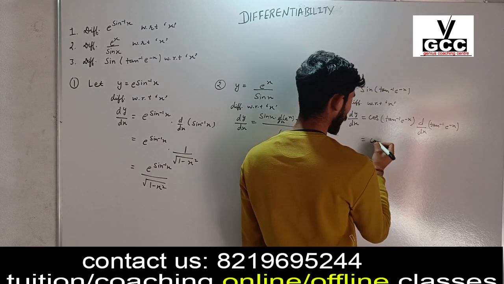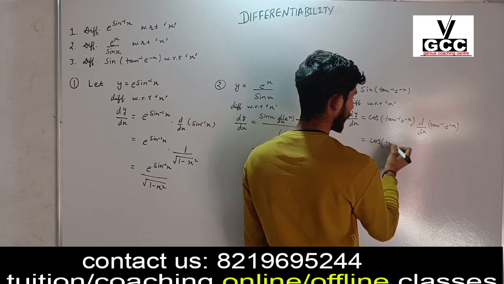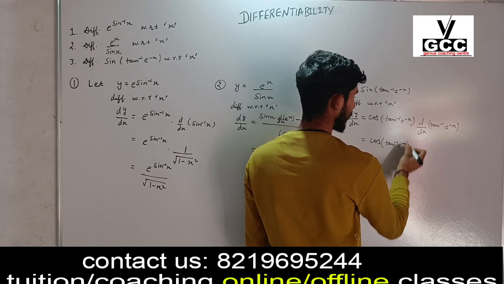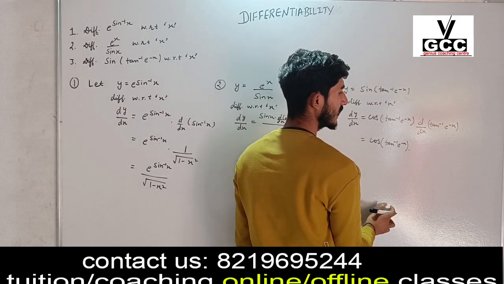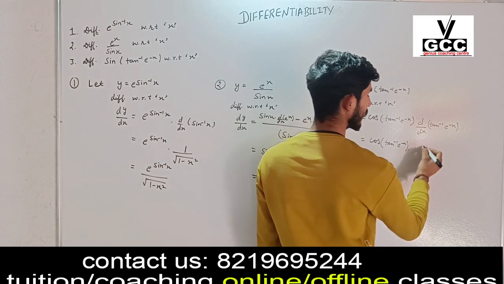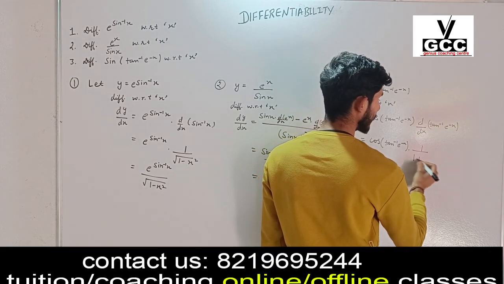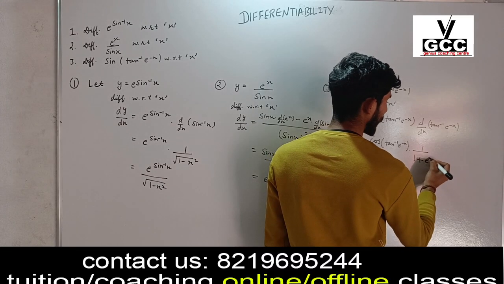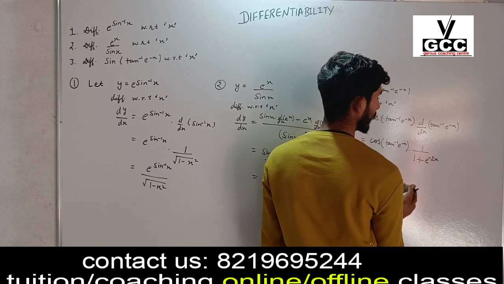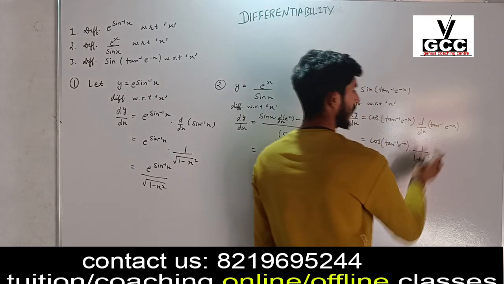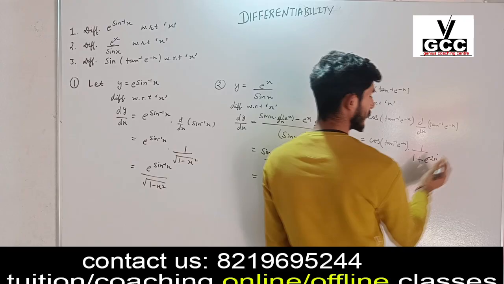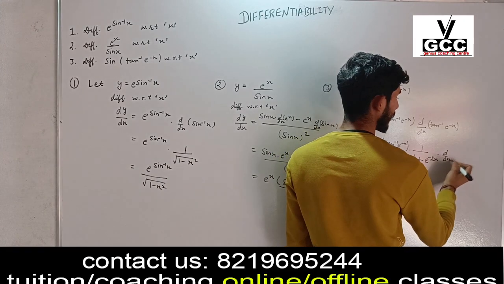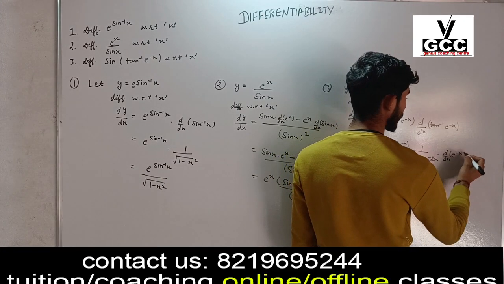Now cos tan inverse e^(minus x) as it is, and the derivative of tan inverse is 1 upon 1 plus x square, but here x is an exponential function, so it is e^(minus 2x). Again the inner function is not simple, we have to differentiate the exponential function.